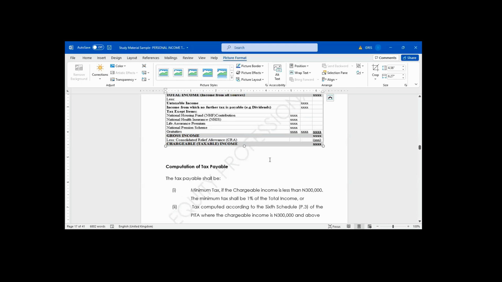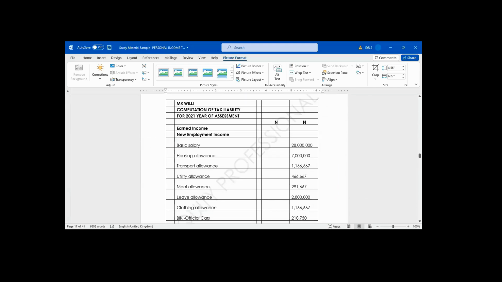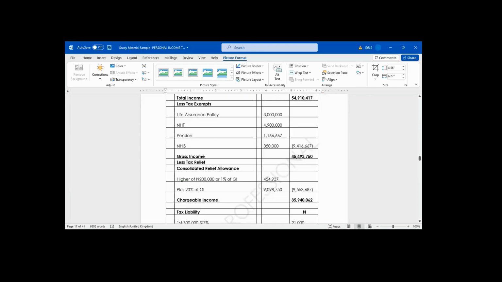Between 1% of gross income and 200,000 naira, which one is higher? I will look at that. Secondly, I will now say plus 20% of gross income.